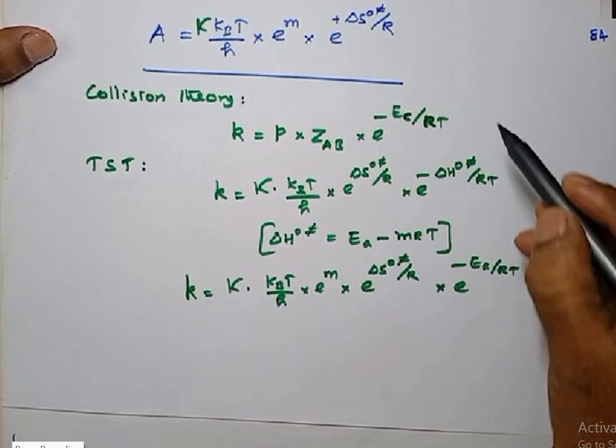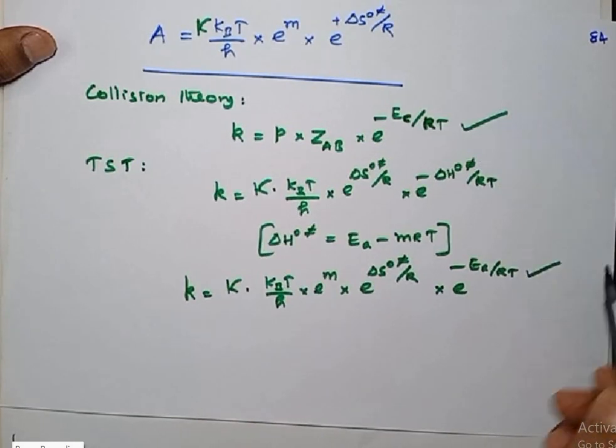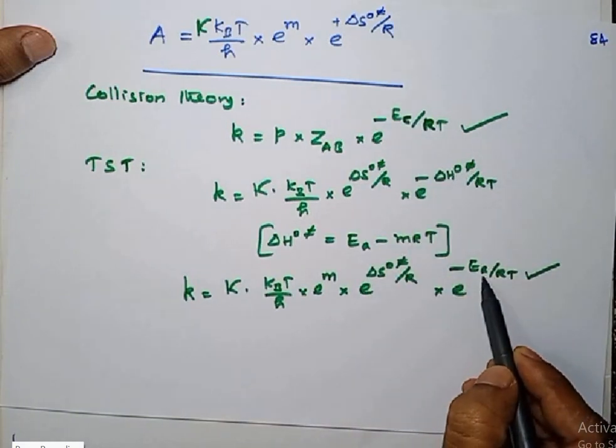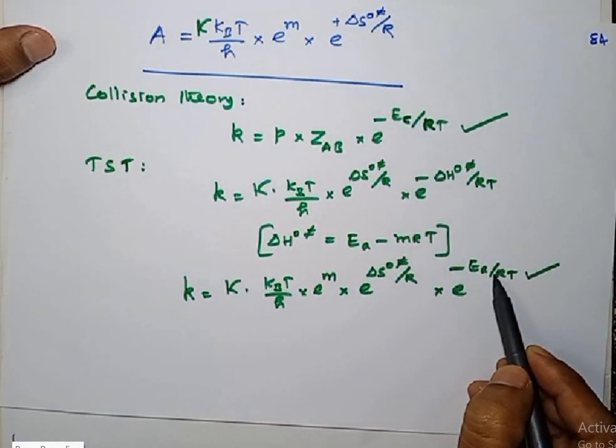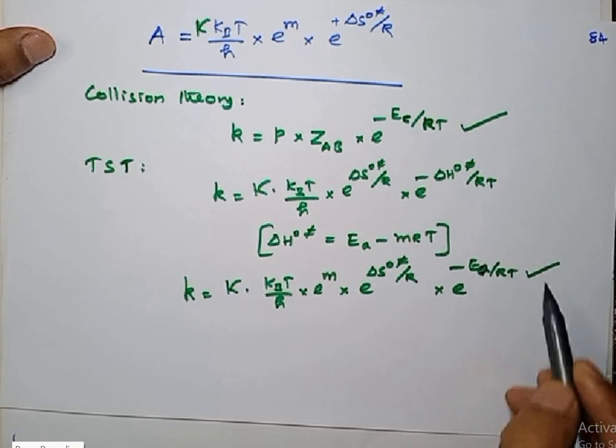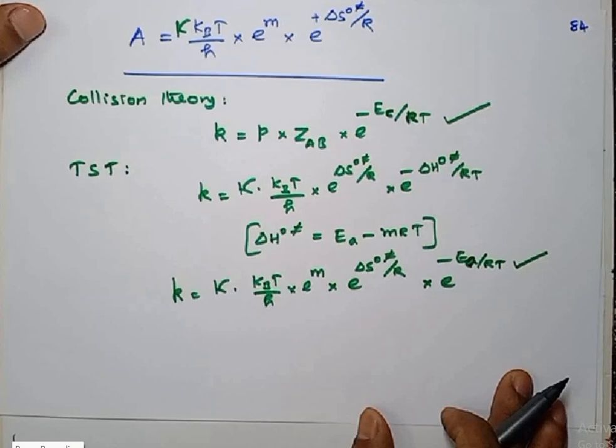Now, listen, if I compare these two, this is activation energy from collision theory, this is activation energy from the experiment, right? This is experimental activation energy, actually called Arrhenius activation energy.